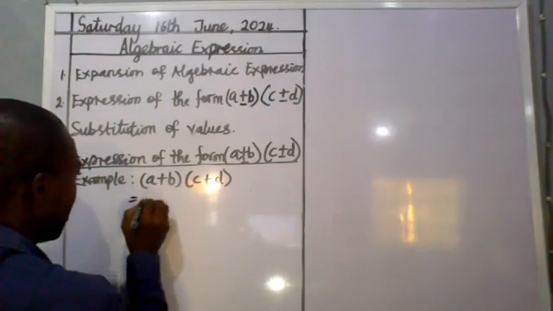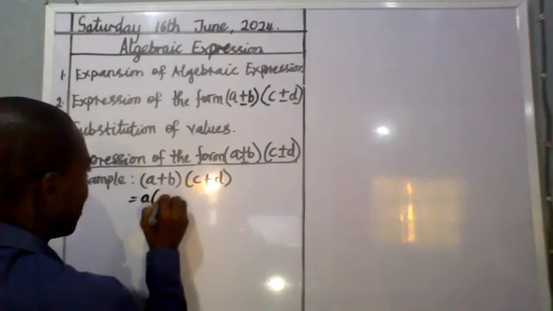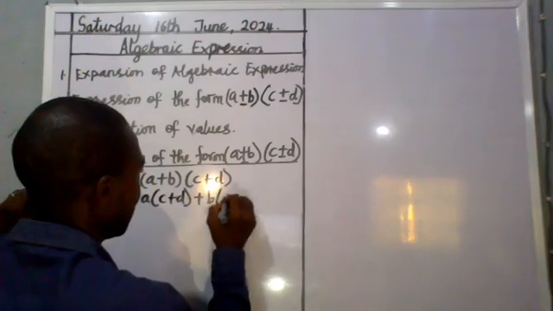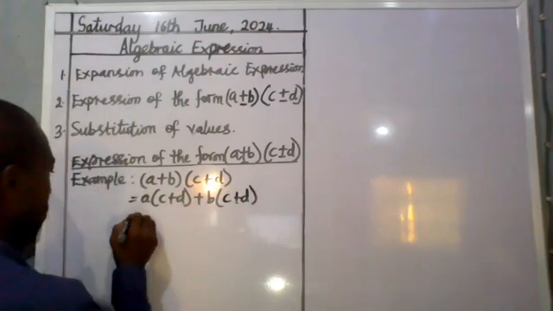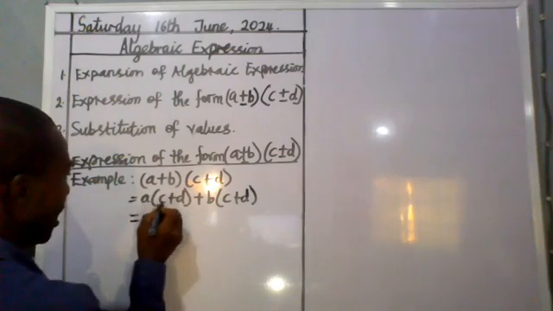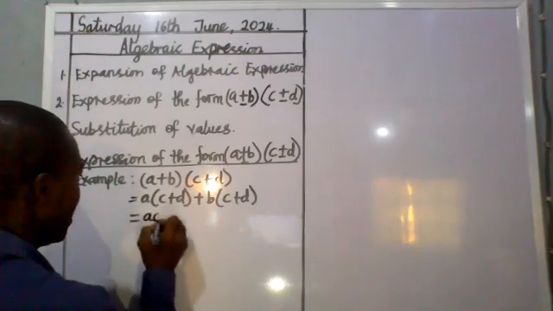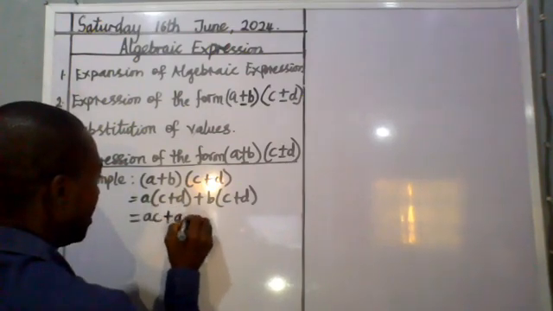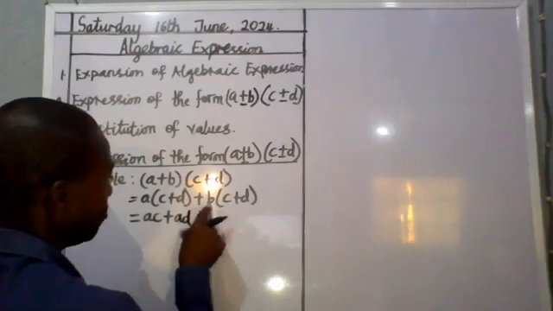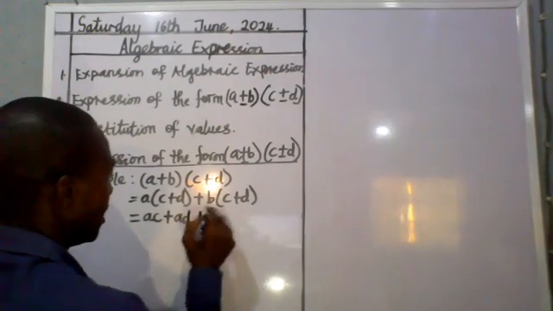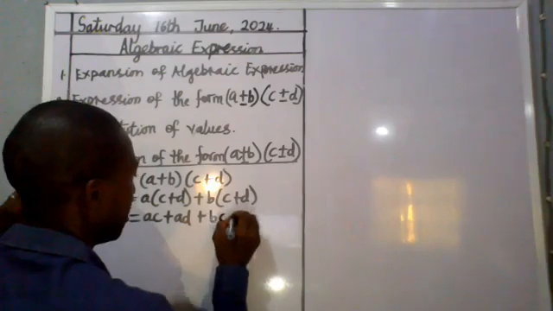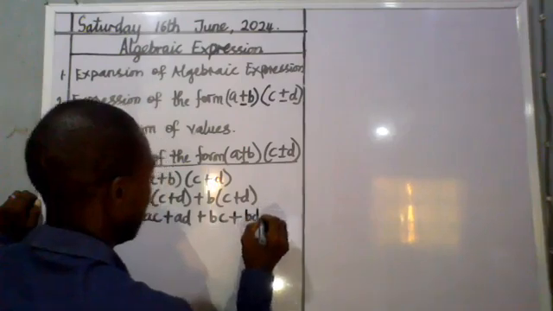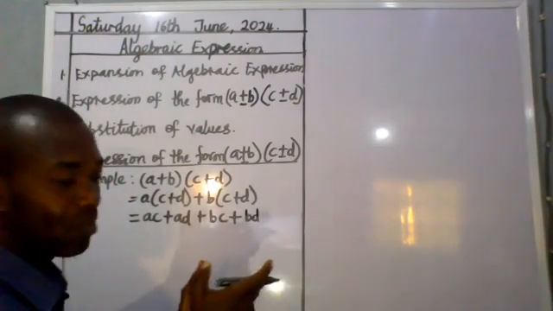It therefore means A into bracket C plus D plus B into bracket C plus D. Now, to expand it, A multiplied by C will give me AC, plus A multiplied by D will give me AD, and plus B multiplied by C will give me BC, then plus B multiplied by D will give me BD. So that is how it can be expanded.